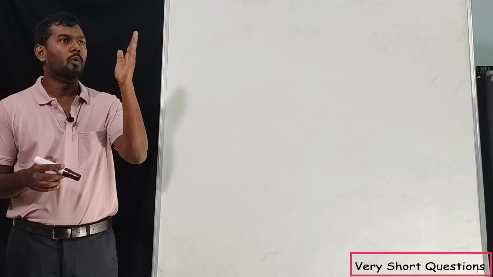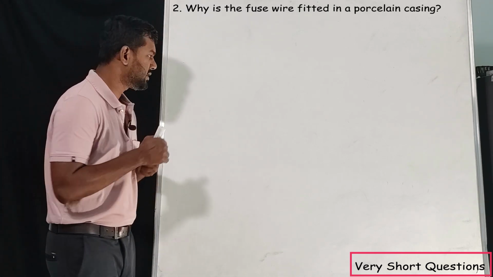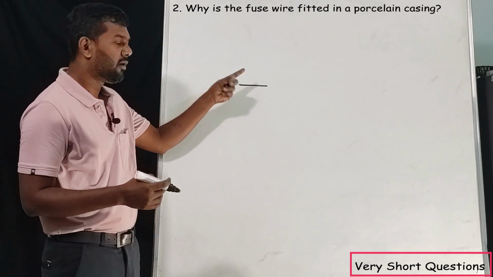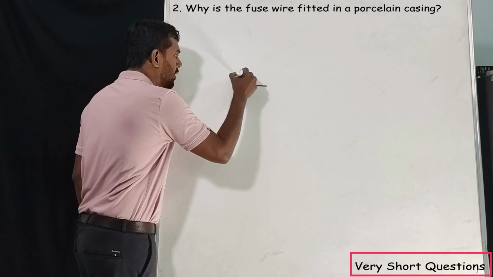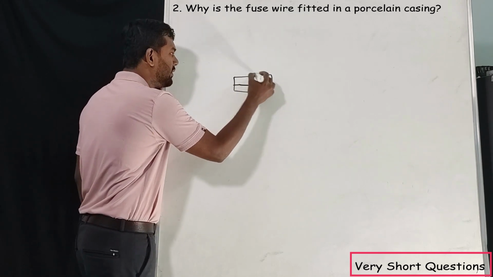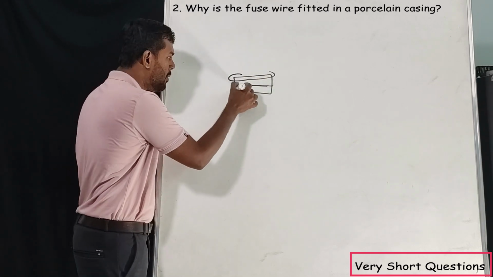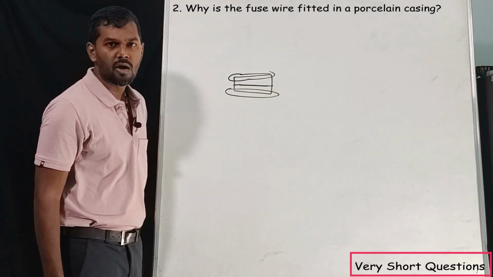Our next question, why is the fuse wire fitted in a porcelain casing? See, assume this is the fuse metal, the fuse alloy we are using. This material will be safeguarded with the porcelain. This part, this box, is called porcelain. Why does this have to be safeguarded with the porcelain?